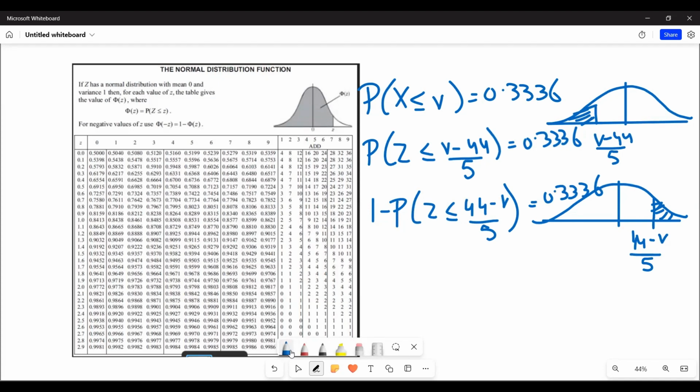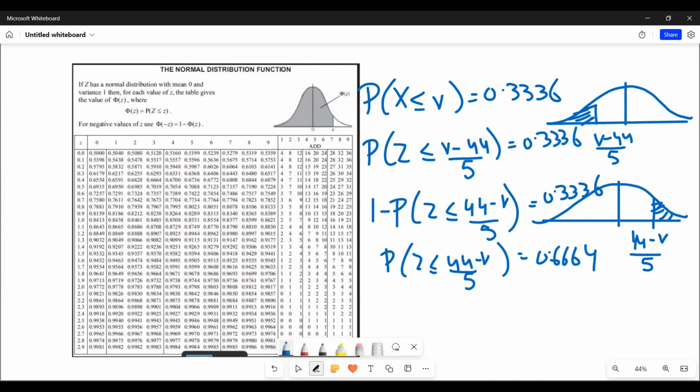So probability Z is less than or equal to (44 minus V) upon 5 equals 0.6664.